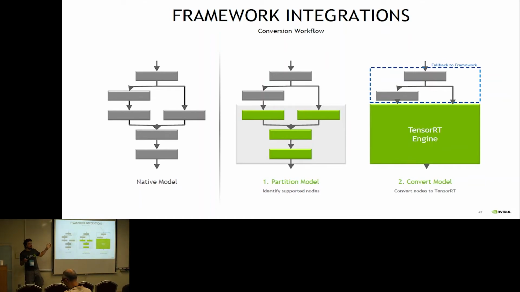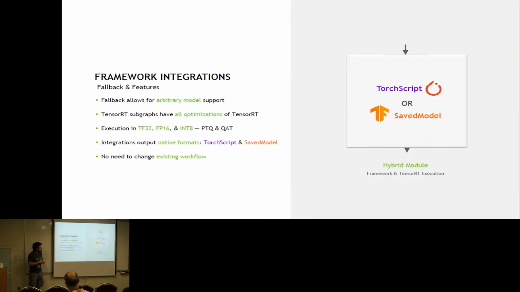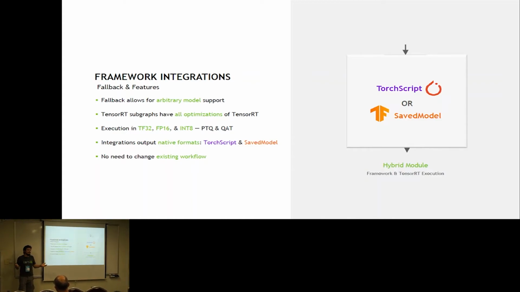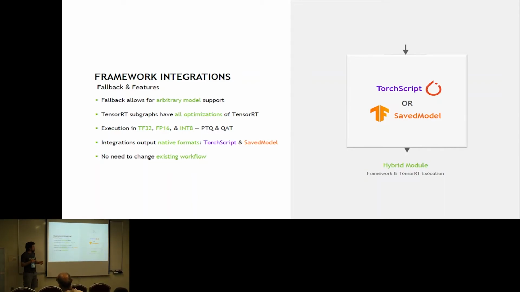You keep your novel layers, and you get the acceleration for inference. And as a result, you can save the model as a legit TorchScript file or SavedModel for TensorFlow. These models are the ones you are used to if you do inference in these frameworks.